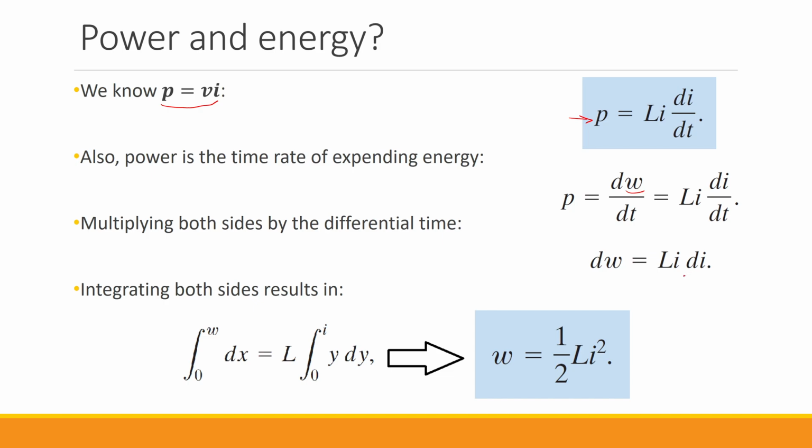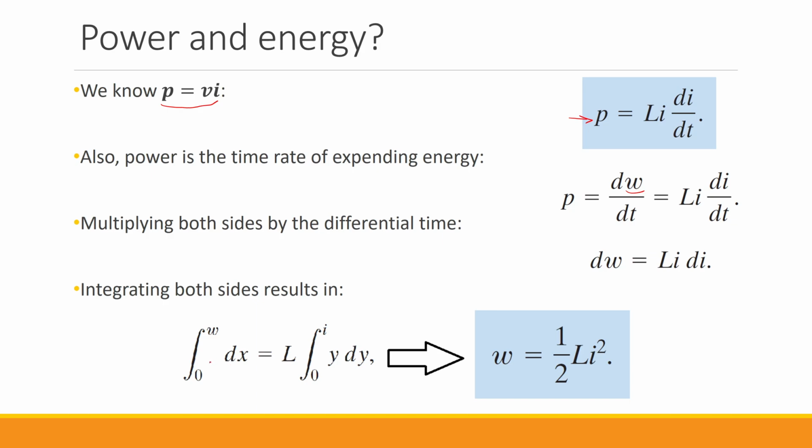Now if we take integrals of both sides, on the left hand side we have the amount of energy from 0 to W. On the right side we have L, which is a constant value which we can take out of the integral, and then we have the integral from 0 to I of y dy. And again, I have changed the variable to avoid the confusion.